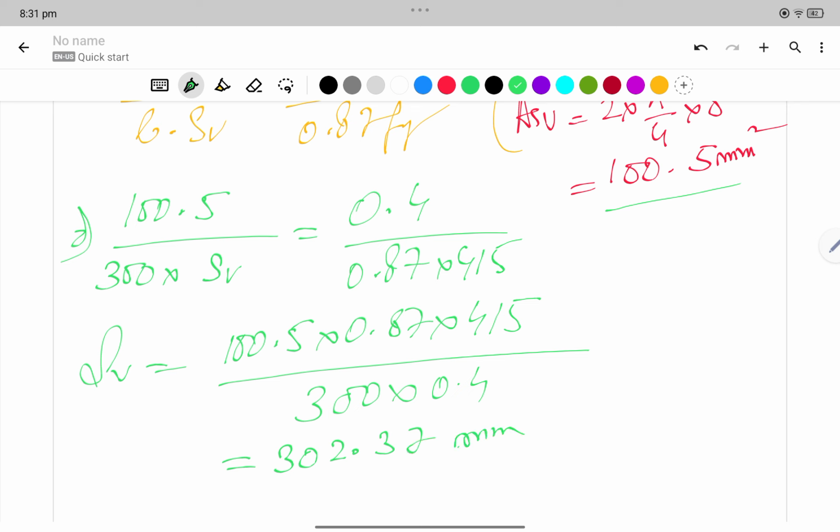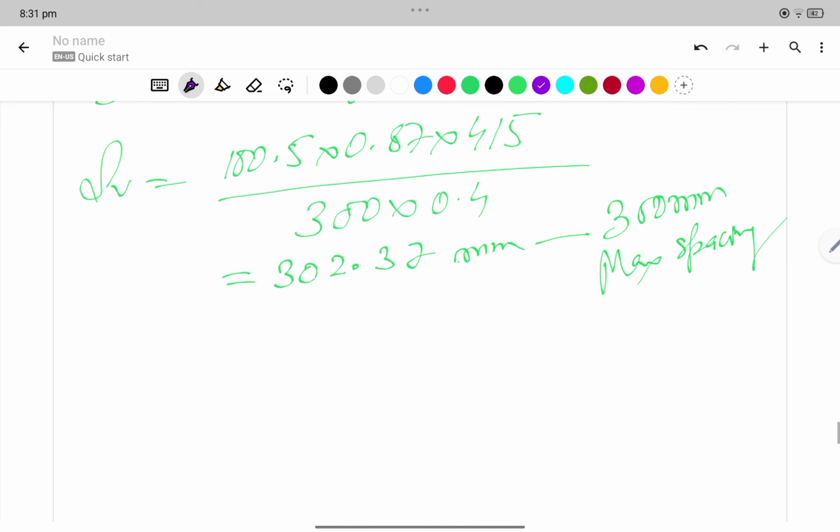But as per the IS code, we know 300 mm is the maximum spacing we can provide, as per IS 456.